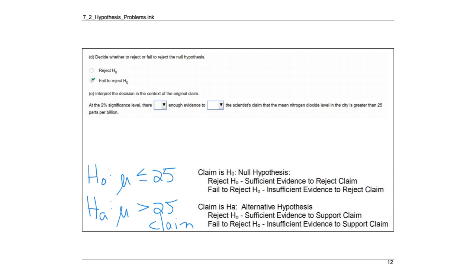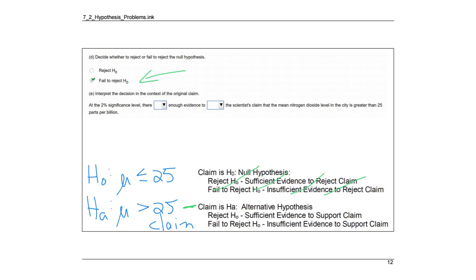All right, so we already decided that we're going to fail to reject. So now we have to go back and look at our initial hypothesis. We had a null hypothesis that the mean was less than or equal to 25. We had an alternative that the mean was greater than 25, and that was our claim. So since the alternative is our claim, we're going to look at that second paragraph.